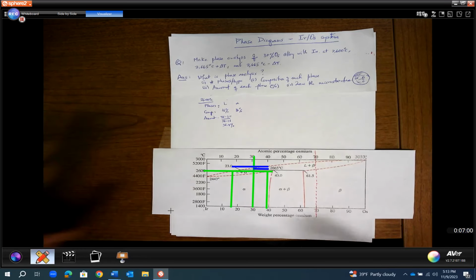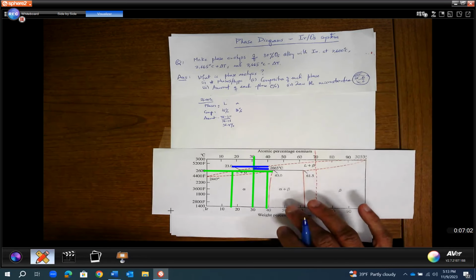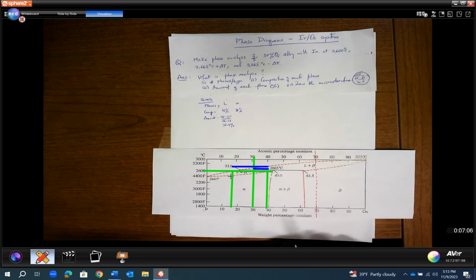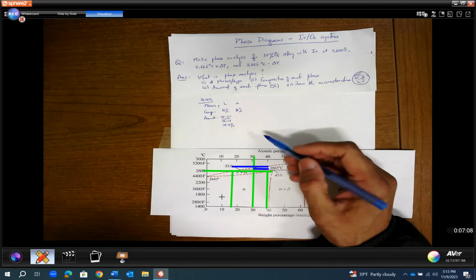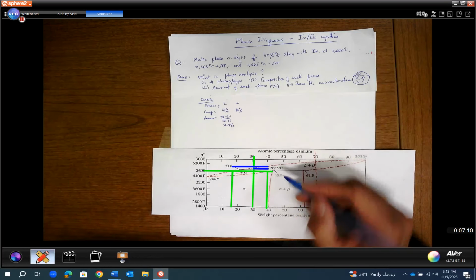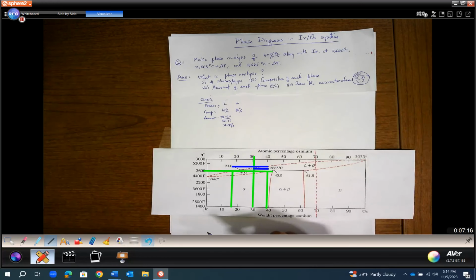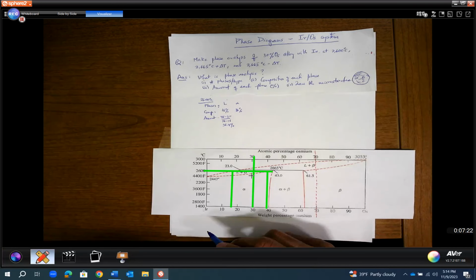And similarly, the composition of the solid, when you start looking at it from here, would be this distance divided by that distance, right?